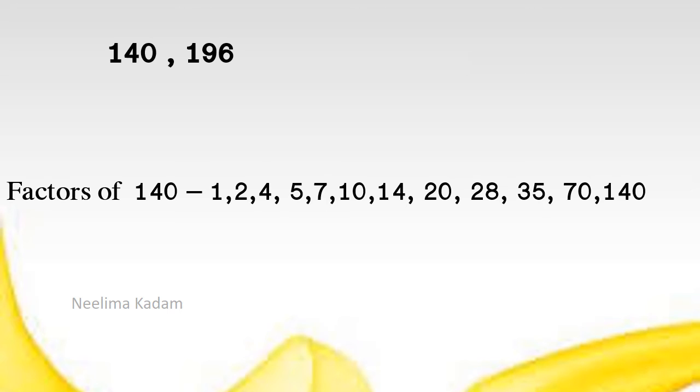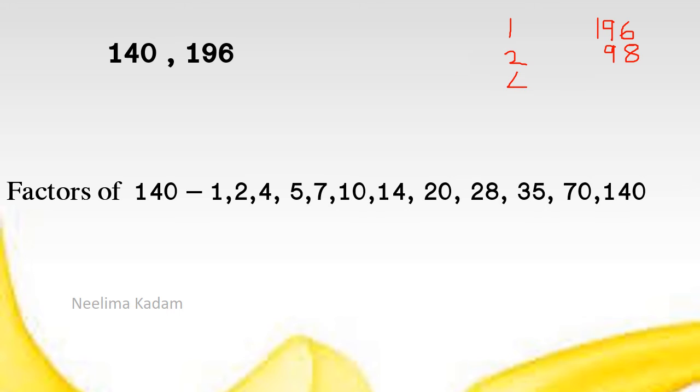Now factors of 196. So first of all 1 and 196. Then go for 2. Yes, it is there. 2 9s are 18. 2 8s are 16. 3. 9 plus 1 10. 10 plus 6 16. No, 16 is not divisible by 3.